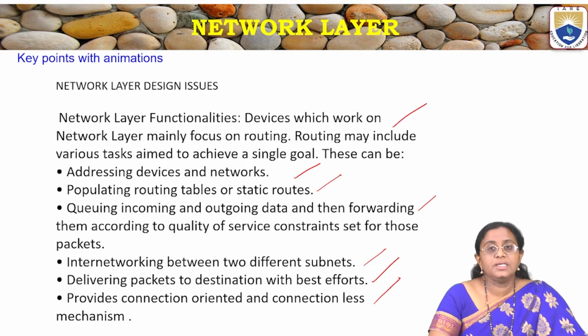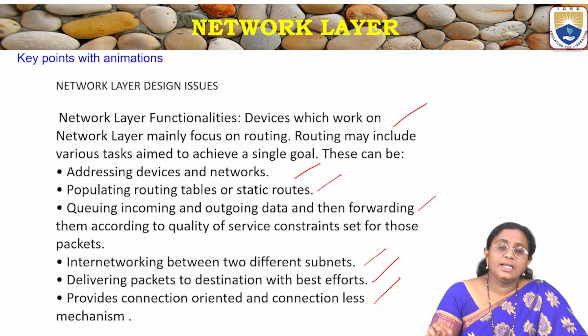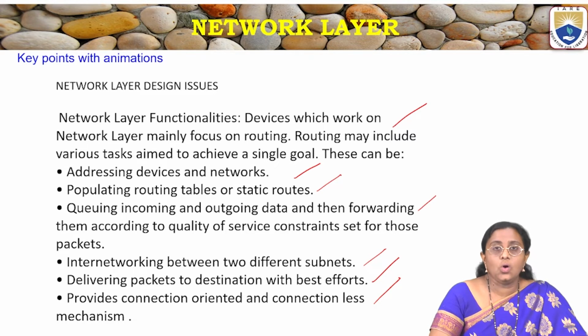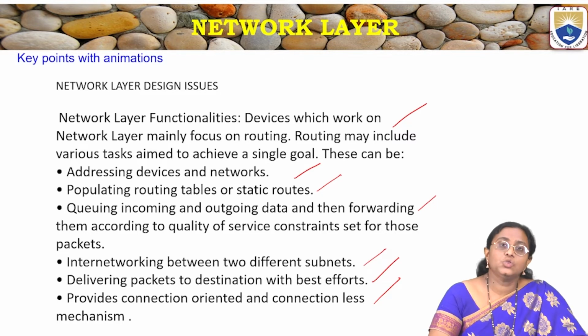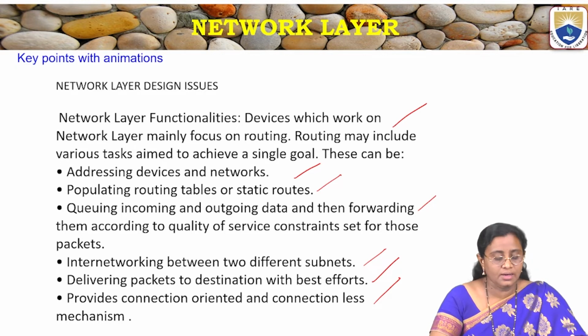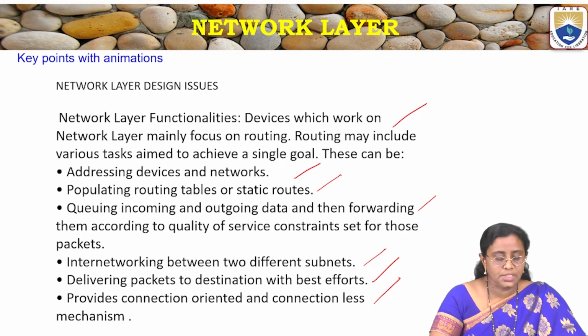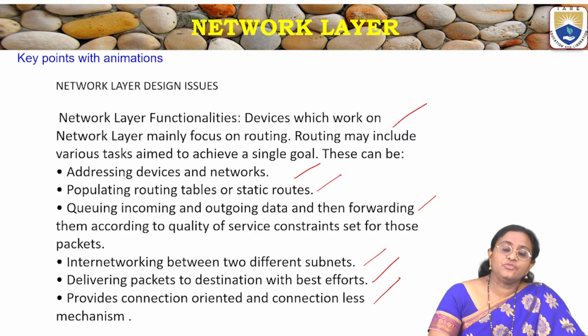Best efforts means that while transmitting successive data packets from one source to another destination, the receiver needs to send an acknowledgement for the incoming data to the source router or node 1 from node 2. That is what you can define as delivering the packets to the destination with best efforts. It provides two types of connection.